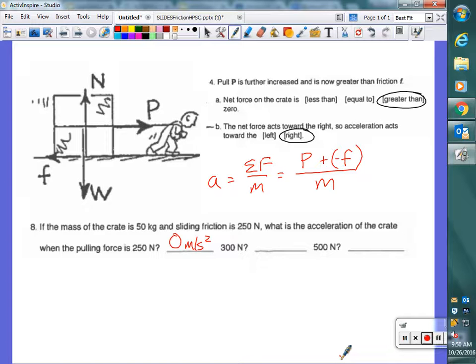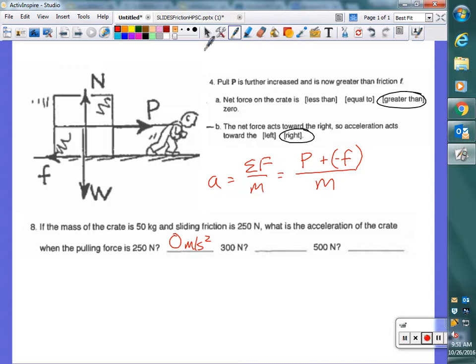But we're still adding them together, right? So in this case, for the first part, if friction is 250, we'll put 250 in here, but it's negative 250. If P is 250, if we have 250 plus negative 250, what do we have on the top of that equation? 0, and that means that the acceleration is 0 regardless of what the mass is, right?